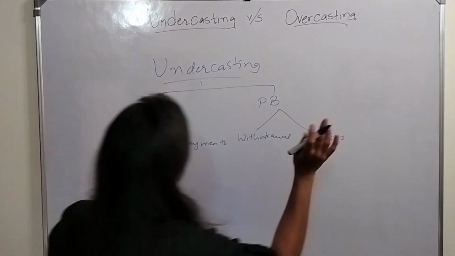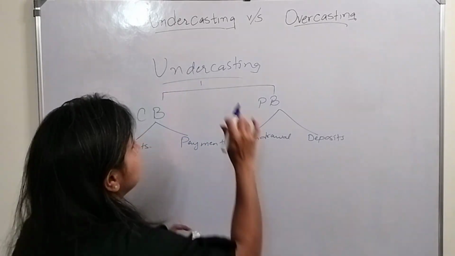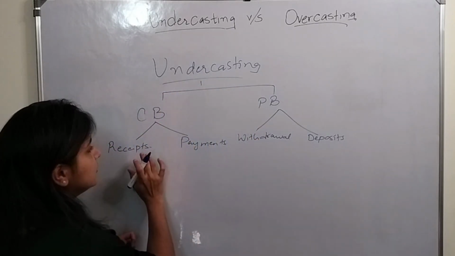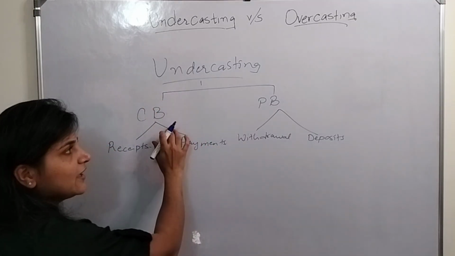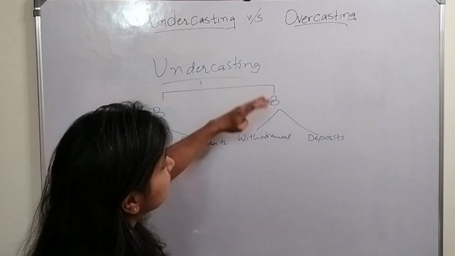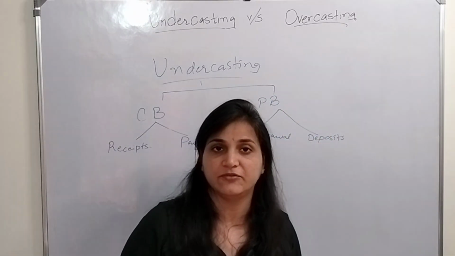This is what you will be given in your paper, that there is an undercasting on the receipt side of the cash book or else on the payment side of the cash book, or else undercasting on the withdrawal side of the passbook or else on the deposit side of the passbook.